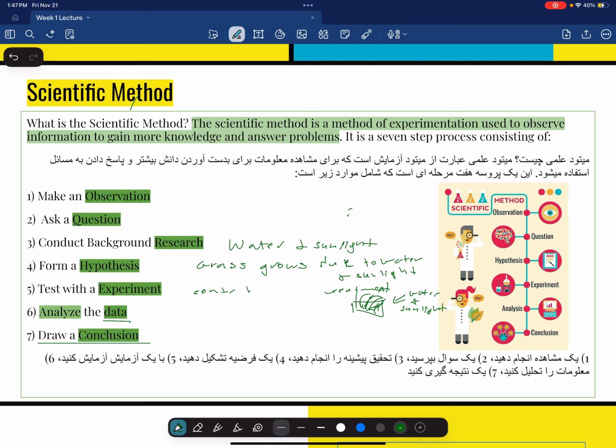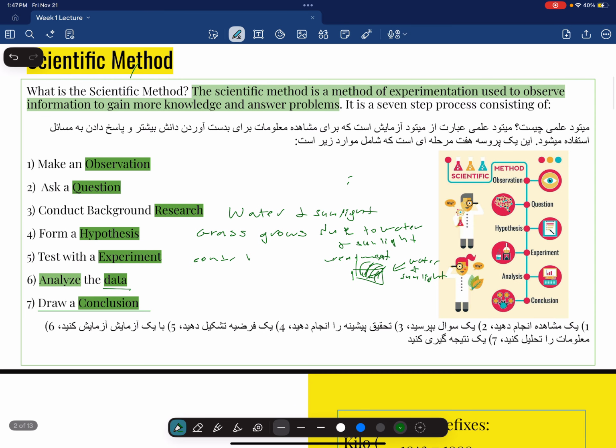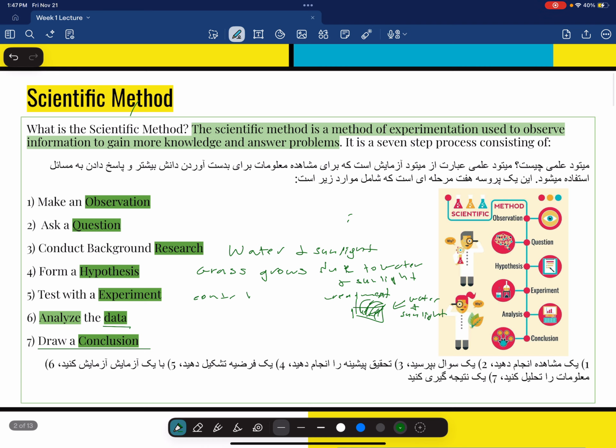We can say that the grass grows because of water and sunlight. And that shows basically the scientific method. So: an observation, a question, you conduct background research, form a hypothesis, you experiment, analyze that experimental data, and then you draw a conclusion from it.